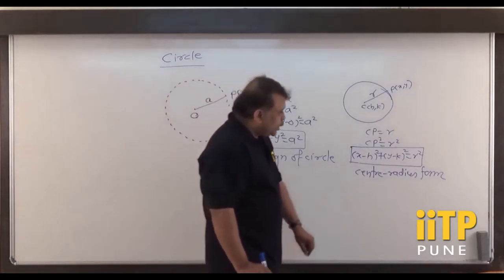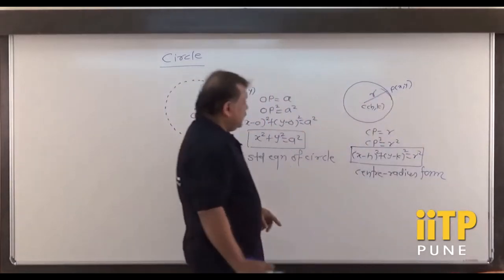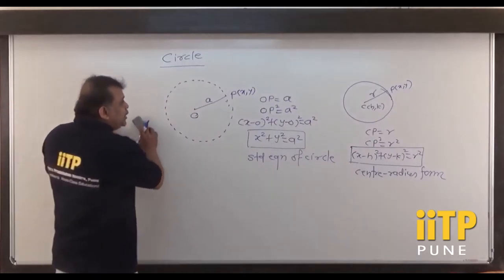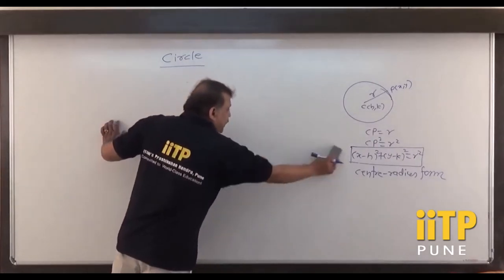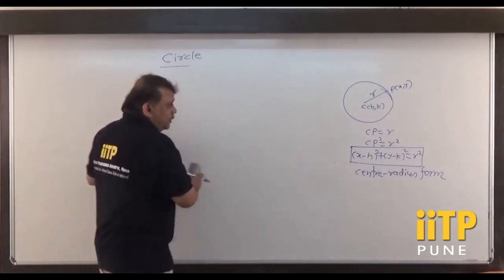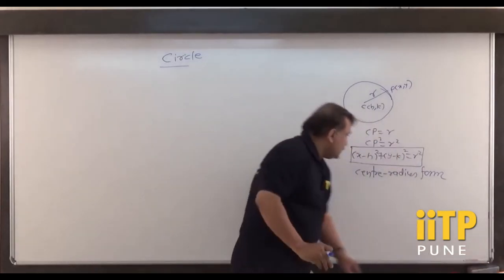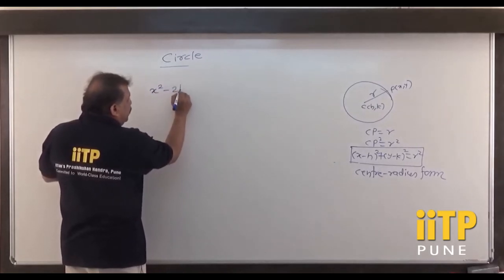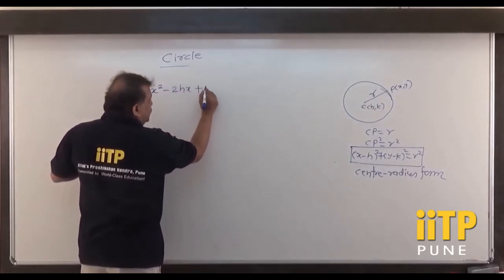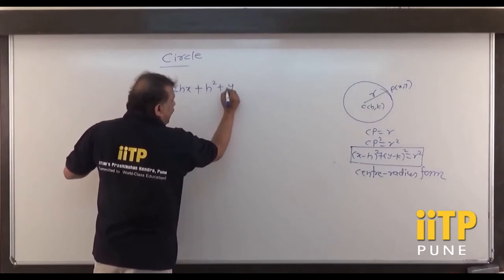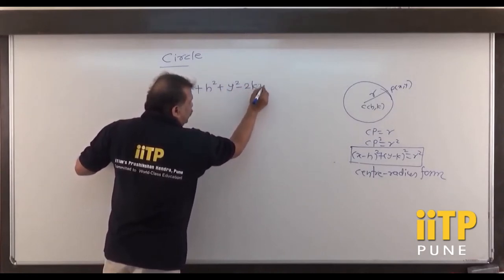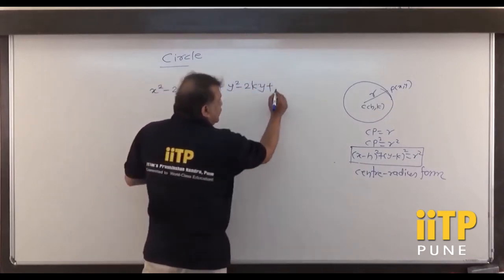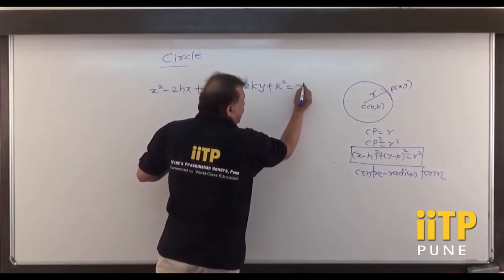Now let us expand (x minus h) square plus (y minus k) square is equal to r square. So we'll get x square minus 2hx plus h square plus y square minus 2ky plus k square is equal to r square.